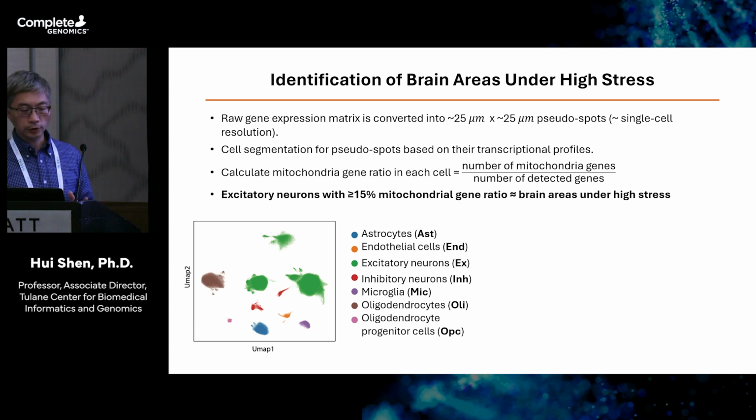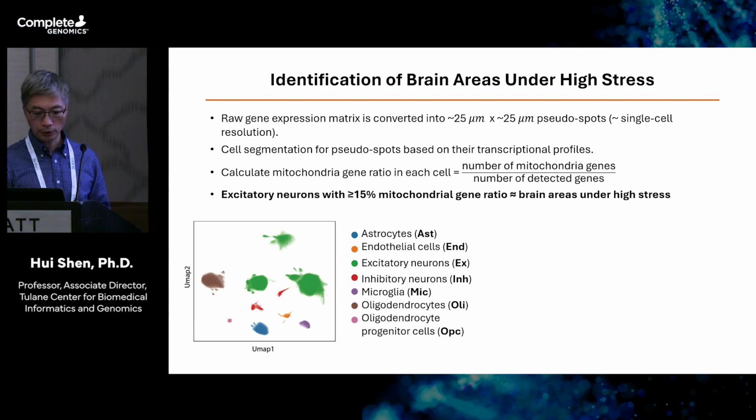The reason we do this is that to calculate the mitochondrial gene expression, you have to cover the cell cytoplasm. So we used this rough single cell resolution, so we can cover both the nuclei as well as the cytoplasm. Then we applied the cell segmentation algorithm to identify those different brain cells.